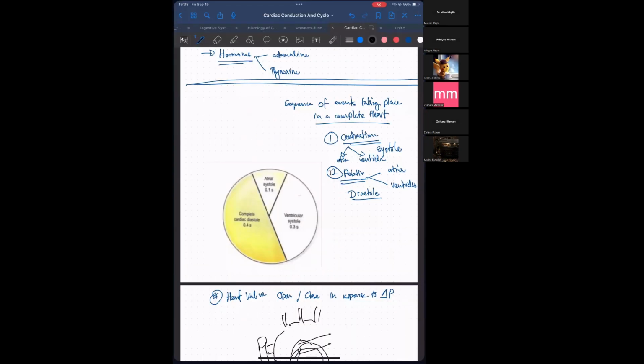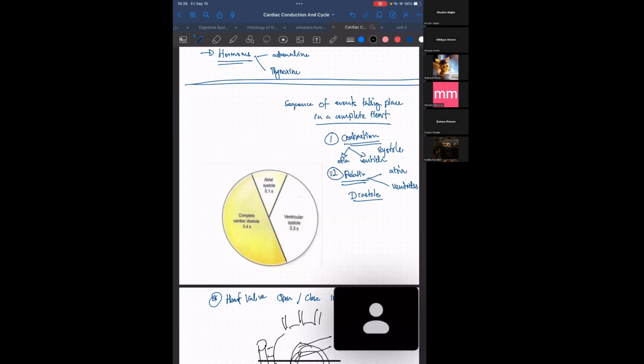Fine. I have to tell you one more thing about the heart rate and the stroke volume. You know what the heart rate is. It's the number of beats per minute.